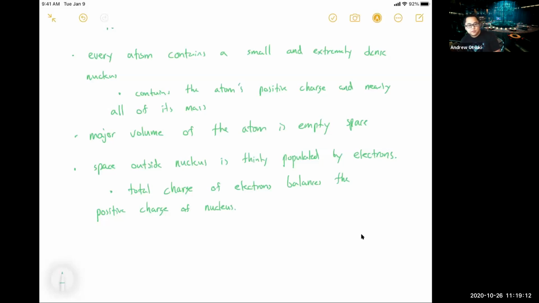So the total charge of the electrons balances the positive charge of the nucleus, and that's why atoms exist as neutral and somewhat stable. We'll talk about what ions are, but ions are basically atoms that have lost or gained electrons, and they're very reactive.